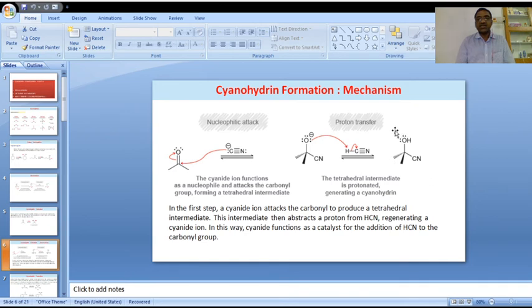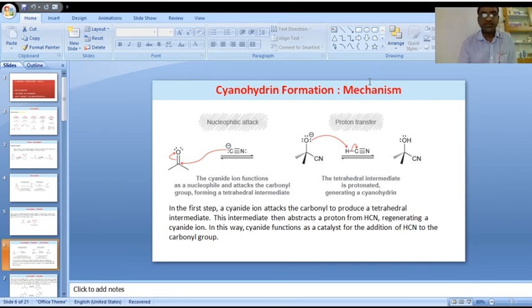The cyanide functional group and the hydroxyl functional group are connected to the same carbon atom. It is called a cyanohydrin. Cyanohydrin is produced in this reaction. Okay, is it clear, all of you?